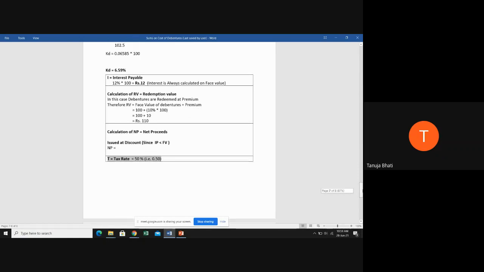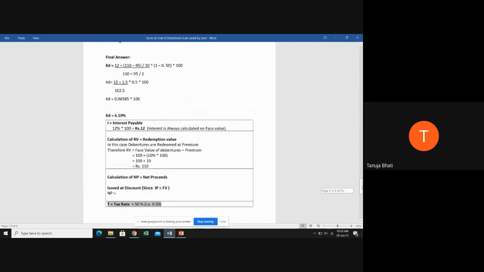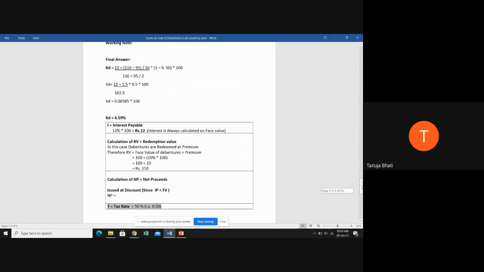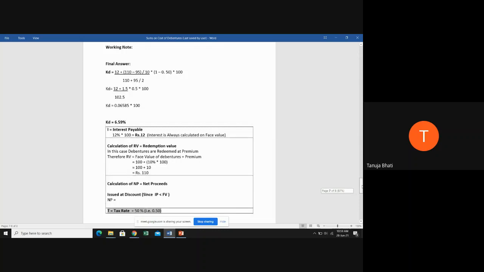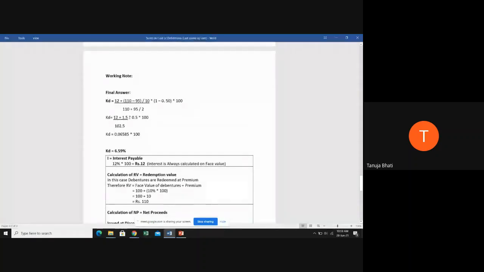Now these are the workings, we will just put them in the formula. So the final answer is going to be KD is equal to 12, which is the interest payable, plus RV 110 minus NP 95, the whole divided by 10, the whole divided by RV plus NP divided by 2 into 1 minus tax rate into 100.